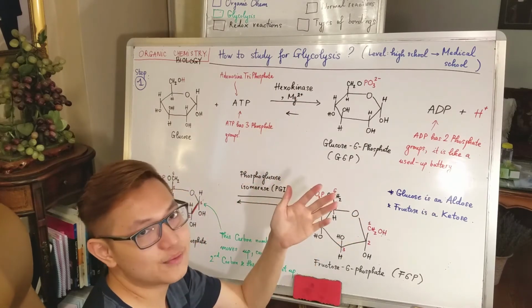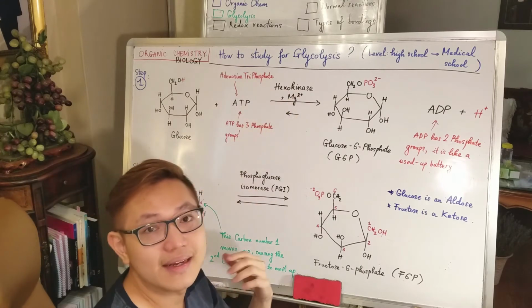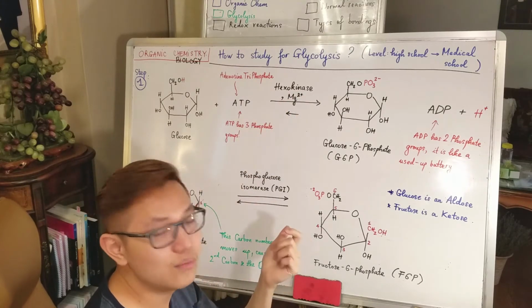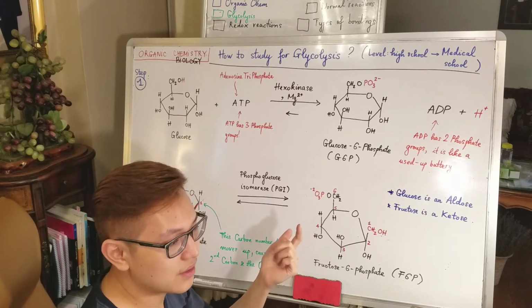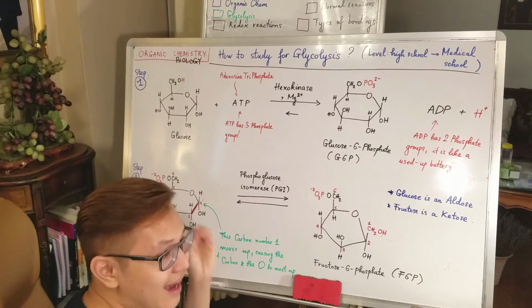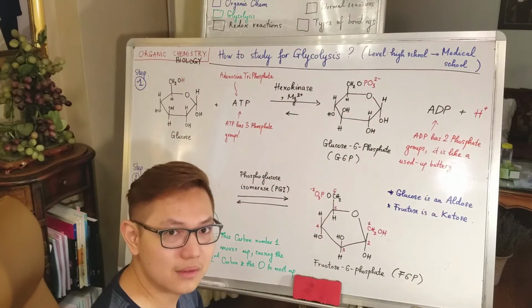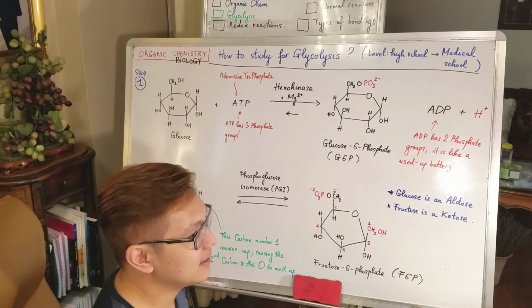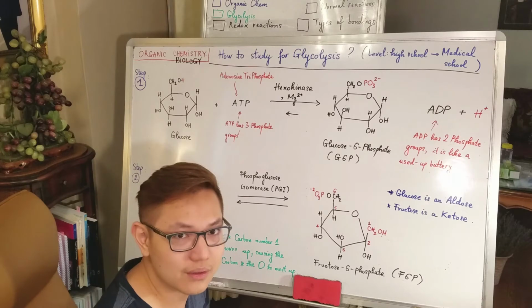So the word kinase means what? Ase is an enzyme. Kine is kinetic, or movement. So kinase is an enzyme that will add a phosphate group into something. So in other words, kinase will help the phosphorylation of something.